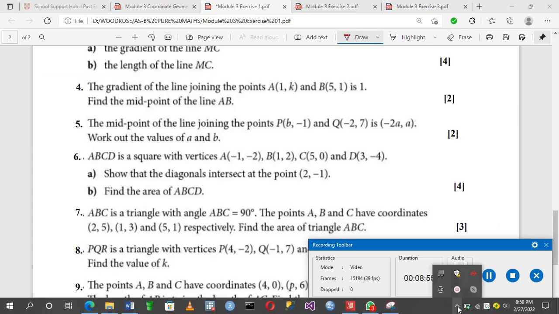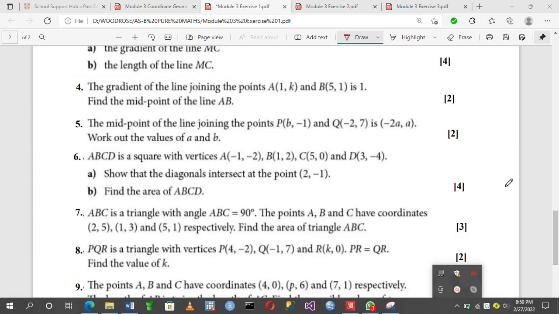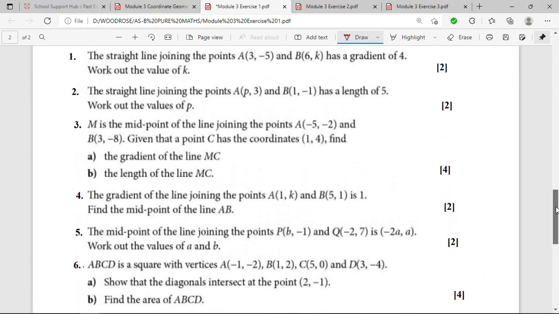Right, so we are now moving on to the next number. The number is number 3. Number 3 is very straightforward, so I'm just going to explain and then you can complete. Number 3 is saying M is the midpoint of the line joining A and B. You know how we have calculated the midpoint, where we said you add the x values, then divide by 2. You also add the y values, then divide by 2.